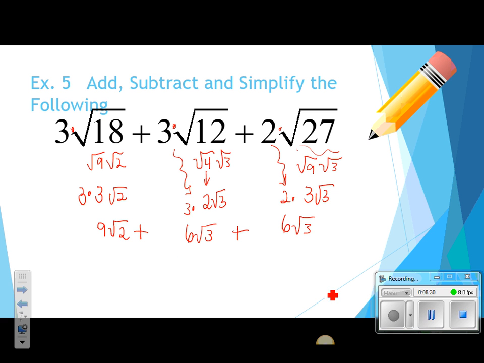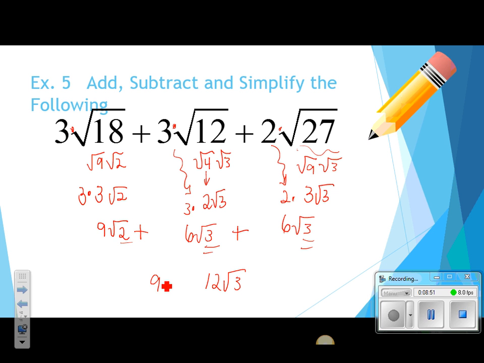Now when I look at this problem, I'm going to go, okay, can I add them all together? Well, we can't because this radicand's a 2. But this radicand is a 3 and this radicand is a 3. So we can only add the things that look the same. So 6 square roots of 3 plus another 6 square roots of 3 would be 12 square roots of 3.